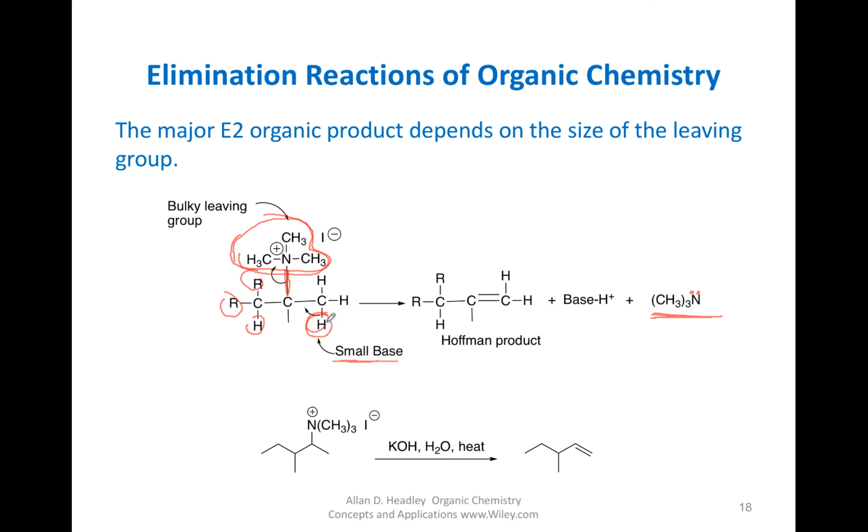It will abstract this proton here, hydrogen as a proton, to put the double bond here, and that product is called the Hofmann product, and we'll see later on that this reaction is called the Hofmann elimination. So again, you should be able to combine these concepts to solve different problems. I think this is our last slide, and yes, it is.